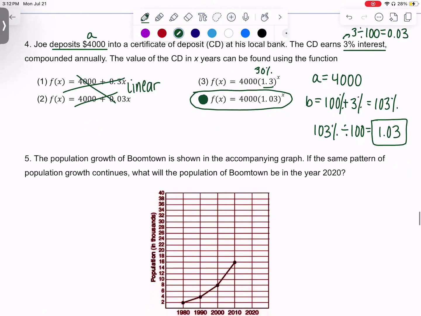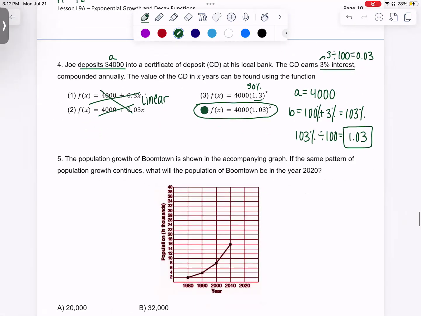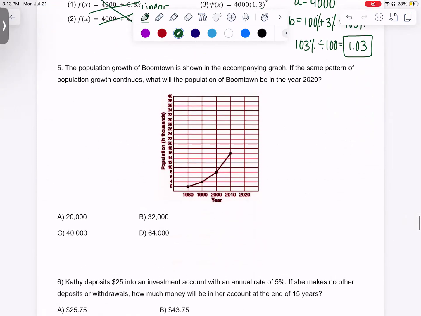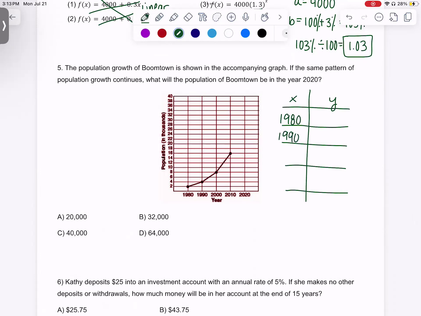Number 5, I think the fastest way to do number 5 is to convert the graph into a table. X is our years. Y is the population in thousands. So 1980, 1990, 2000, 2010, 2020. In 1980, we have 2,000. 1990, 4,000. 2000, 8,000. 2010, 16,000.